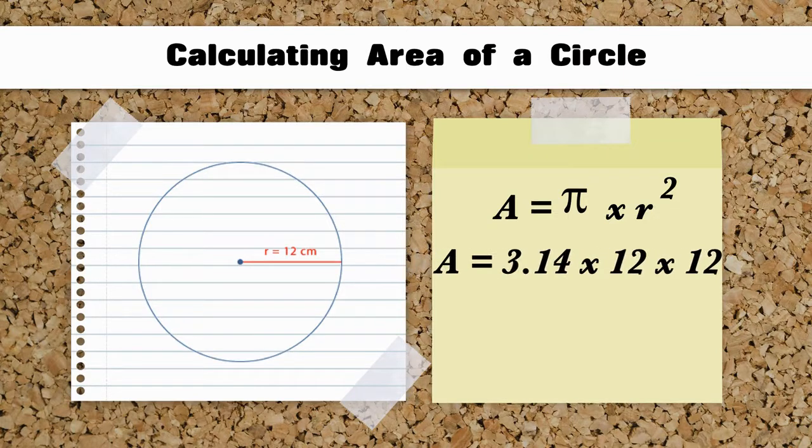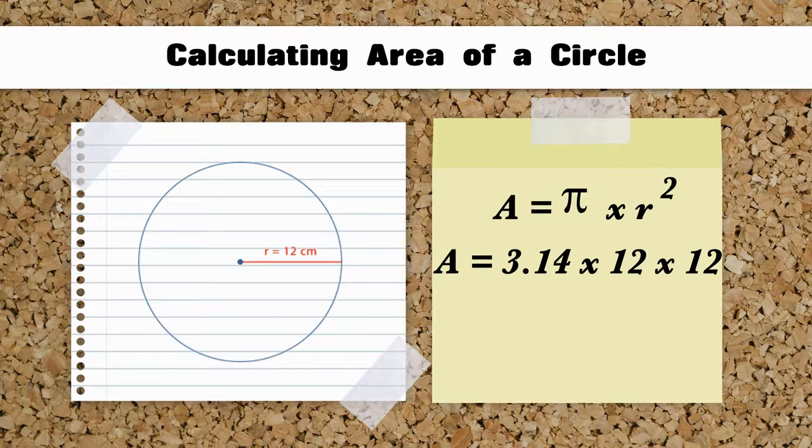Pi is represented by 3.14, and our radius is represented by the number 12. And we know that when we say radius squared, we're actually saying radius times radius, which is 12 times 12. So, let's simplify that by multiplying 12 by 12.